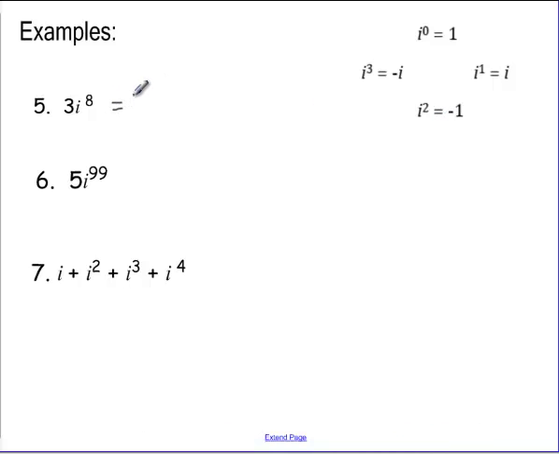So 3 i to the 8th is 1, 2, 3, 4, 5, 6, 7, 8. i to the 8th is the same as i to the 0 power. And then i to the 0 power is 1. So 3 times i to the 8th is really 3.